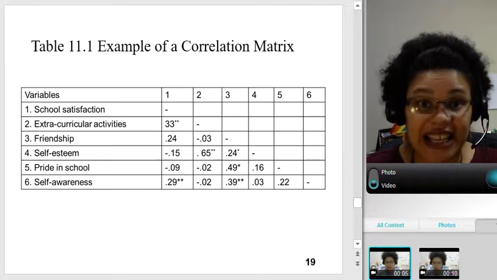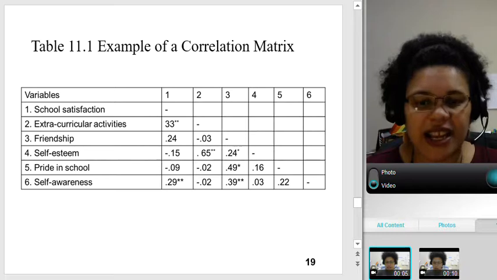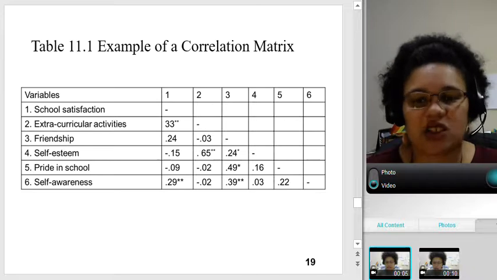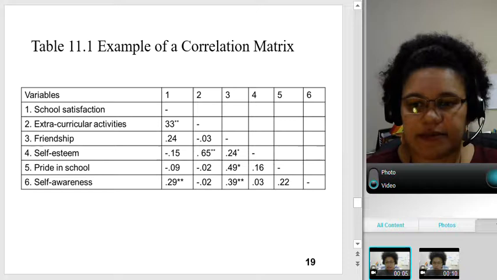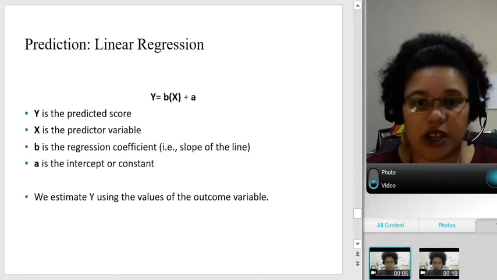Self-esteem has a negative association, kind of a weak negative association. Pride in the school is very close to zero. That's almost no association, very weak. But self-awareness has a positive association with school satisfaction, because one represents school satisfaction. So that's how I read down a correlation matrix. And we'll get practice at that when you all are doing them yourselves.